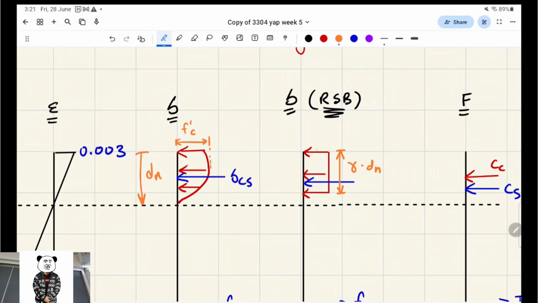And then the other dimension here, we said that FC was the entire maximum stress value here, right? So what we multiply by is alpha 2. Alpha 2 is another reduction factor. So you should get familiar with which dimension we're talking about when we're referring to this rectangular stress block.